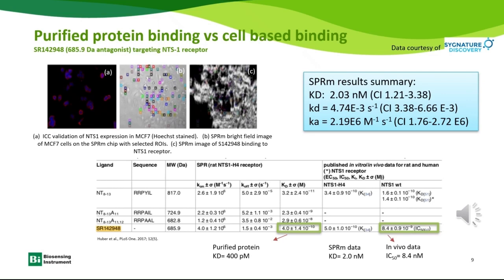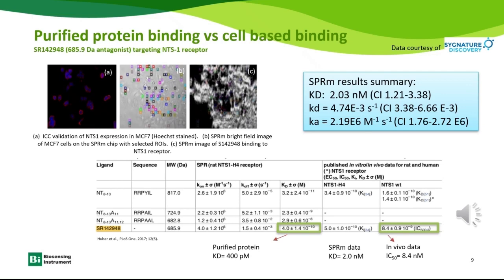There is also some work involving in vitro and in vivo data using cell-based work with human type and wild type cells. The measured result for the wild type is about 8 nanomolar, and the other one gives about 500 picomolar.